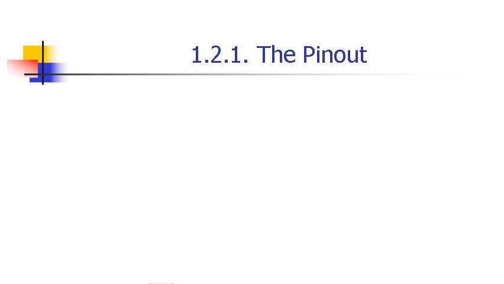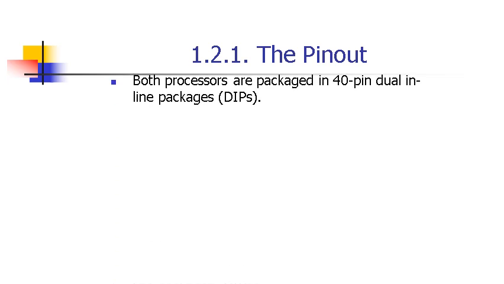Okay, so the pin out. Again, the type of packaging of the two chips is the dual inline package. 40 pins divided into two equal groups and lined up in duality, lined up in two lines, one to the left and one to the right. This is why we call it dual inline package.